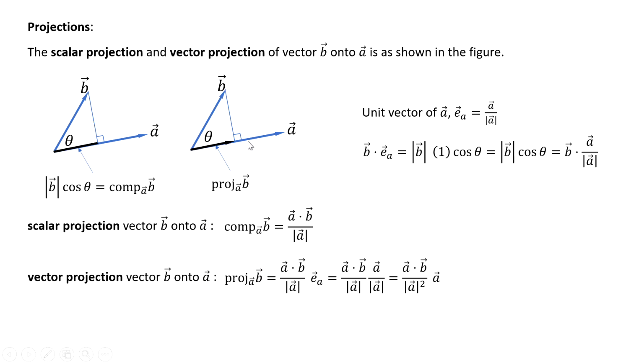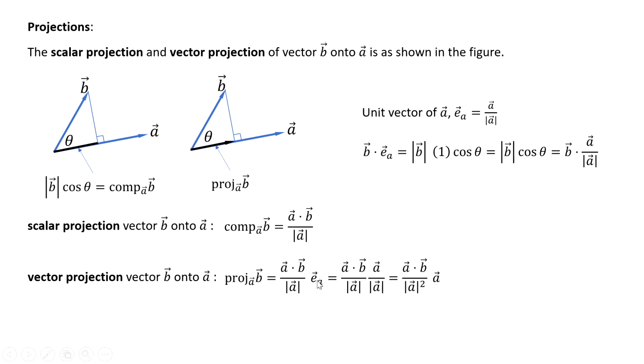But do we know the unit vector along A? Yeah, that's the one that we just calculated as E sub A. So if we multiply this scalar component by the unit vector E sub A, we are done. We got the vector projection.